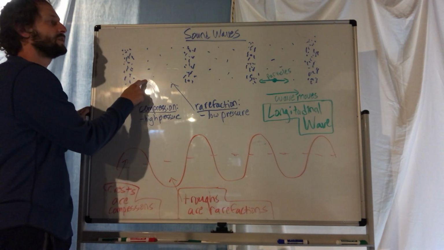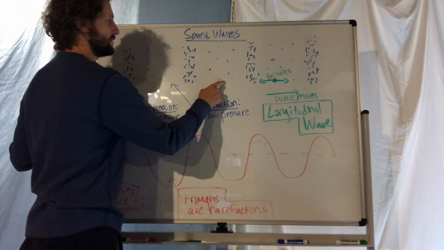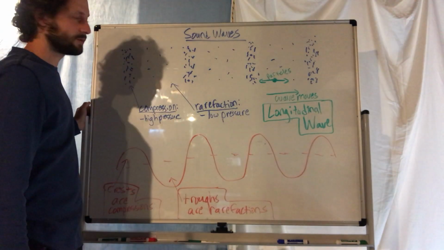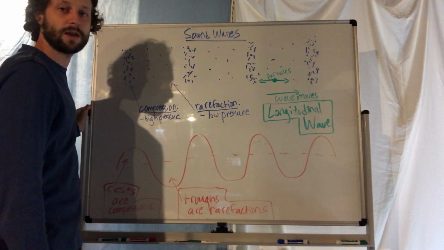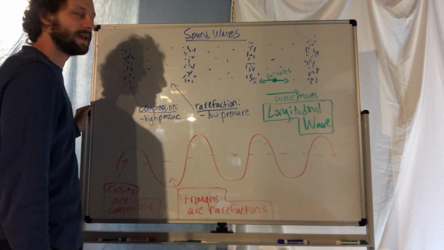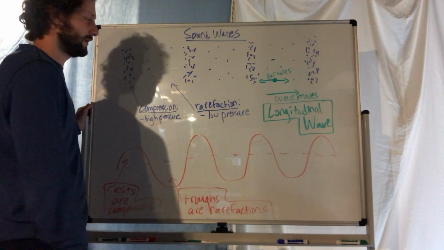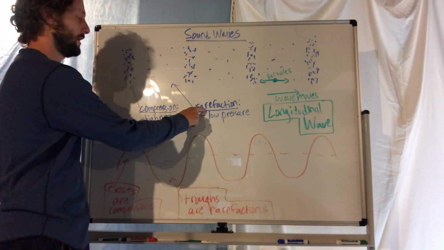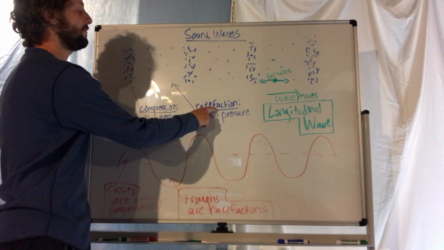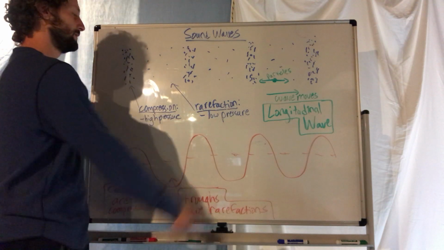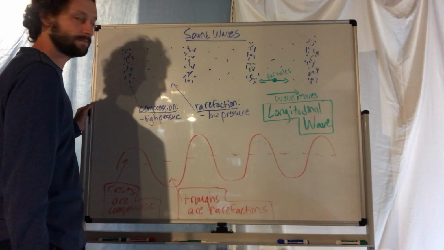And the spaces between the compressions are places where there is low pressure. There are fewer molecules of air there. Those have a special name, which you have not heard before, and it's called a rarefaction. R-A-R-E-F-A-C-T-I-O-N. And it is a low pressure area.